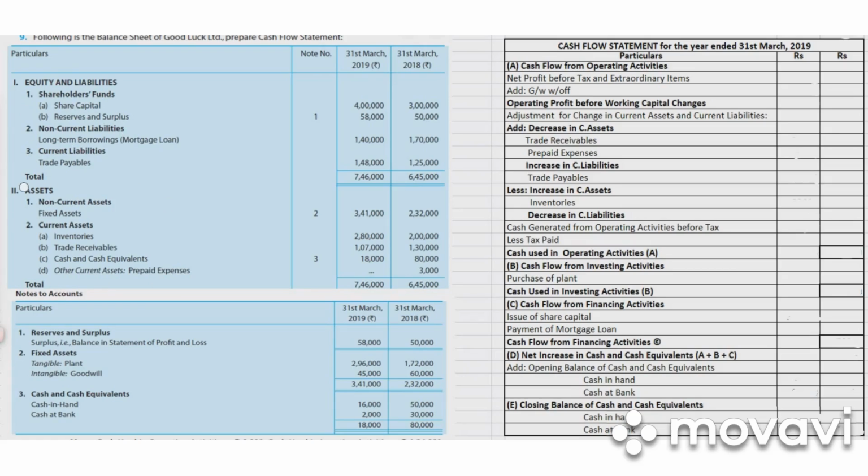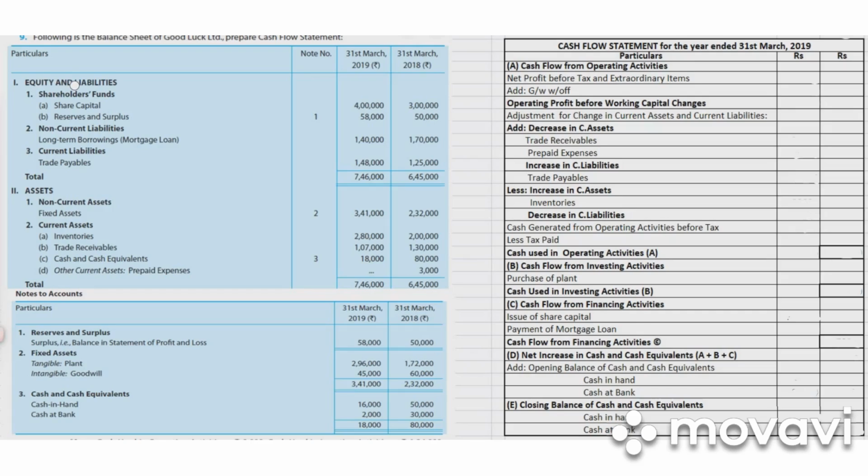Then there is assets. In the assets section also there are non-current assets, which include fixed assets. And in fixed assets, you can see the note, that is the classification of fixed assets: tangible assets, and intangible assets which you can see below in the notes. Then there are current assets. Non-current assets and current assets both make up total assets.